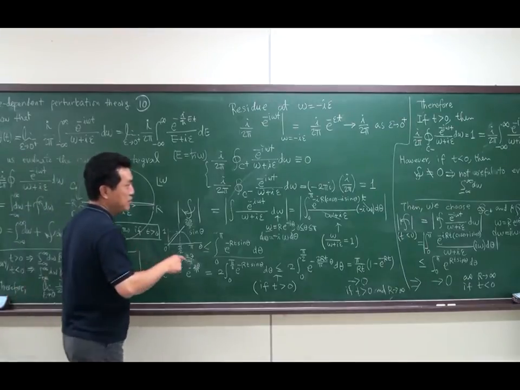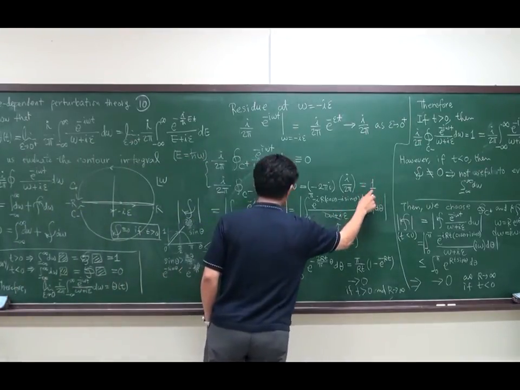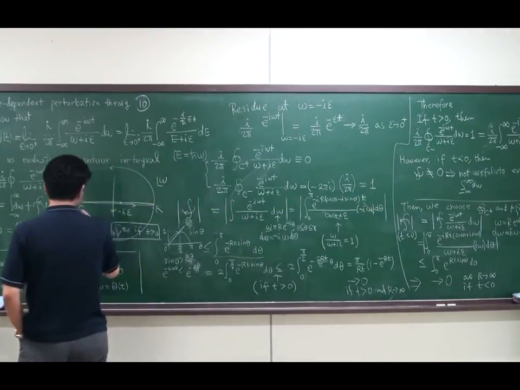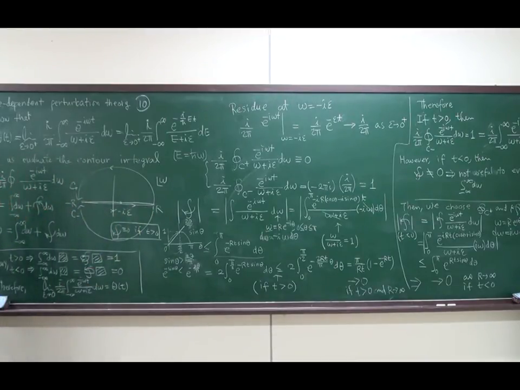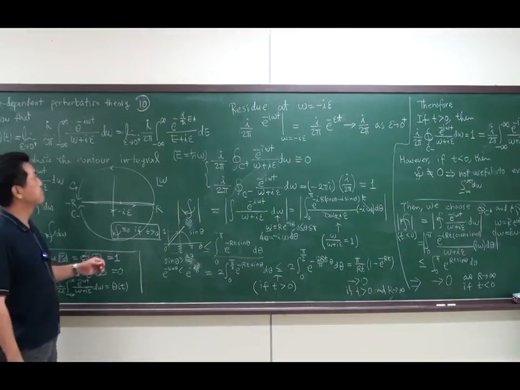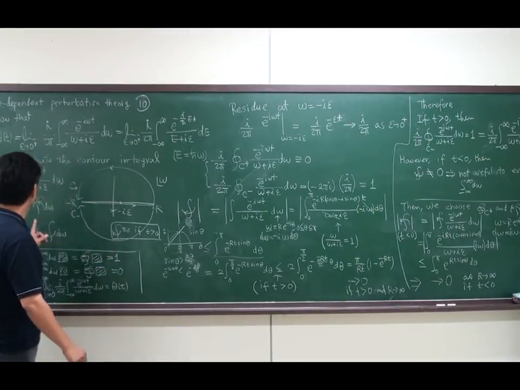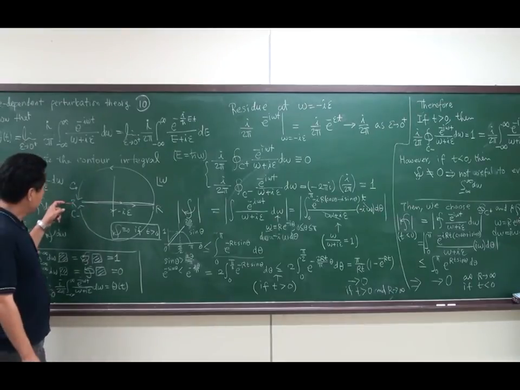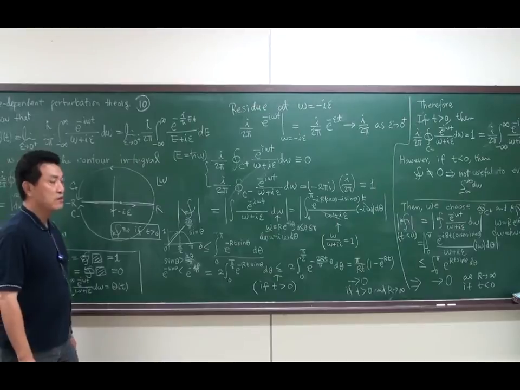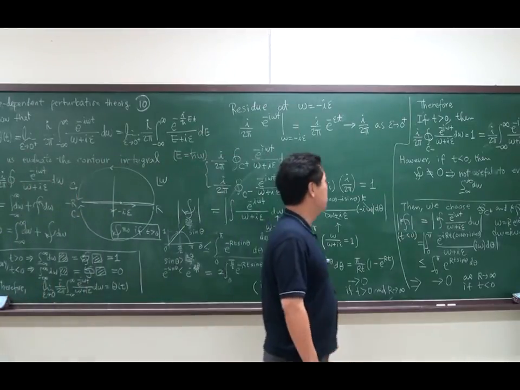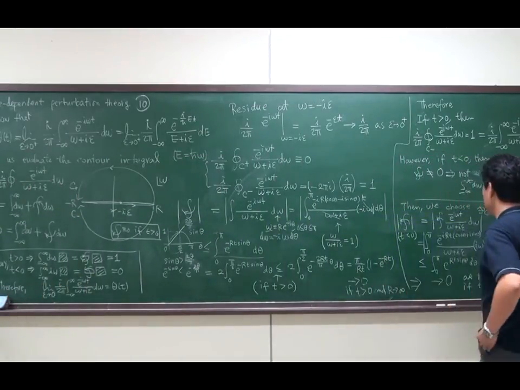Therefore, this value 1 is exactly the same as the integral along the real axis. So I'd like to show that the integral from minus infinity to infinity becomes 0 when t is negative. That is our next step.